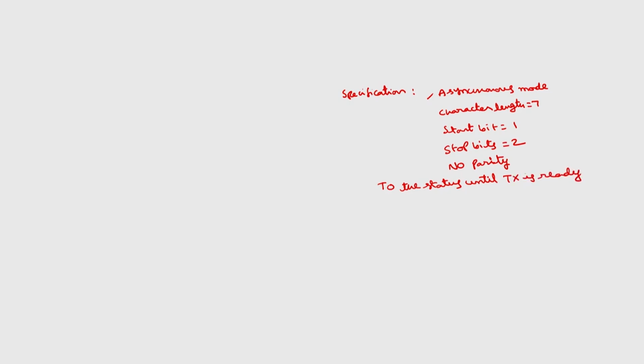So, what are the instructions to fulfill these specifications? First you have to write the mode word register. So, what will be the mode word register? What are the last 2 bits?